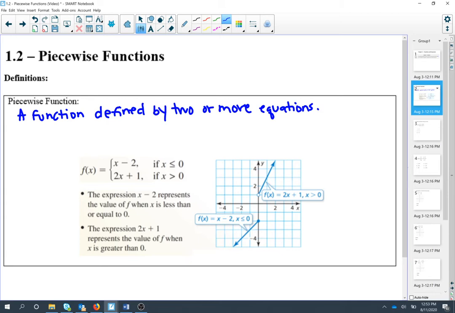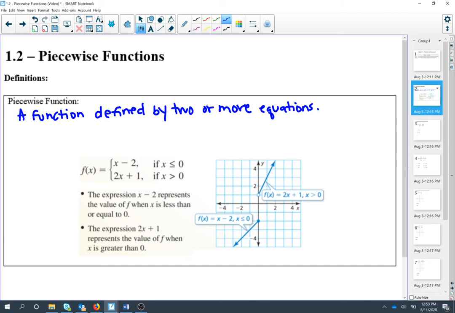So that's our equation, x minus 2, and that's graphed. But if x is greater than 0, then we're going to use this other function, which is 2x plus 1, which is graphed over here. Notice that the first function stays on the left of 0, the second function stays on the right of 0, so your ultimate function looks like this, and it's made up of two different pieces.